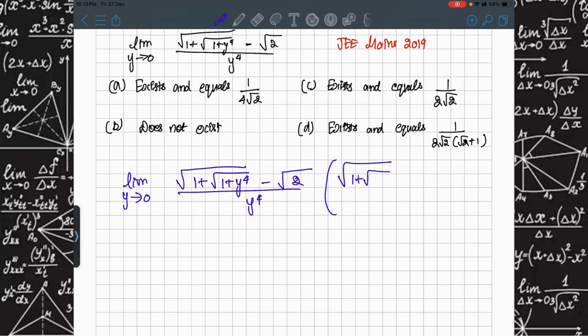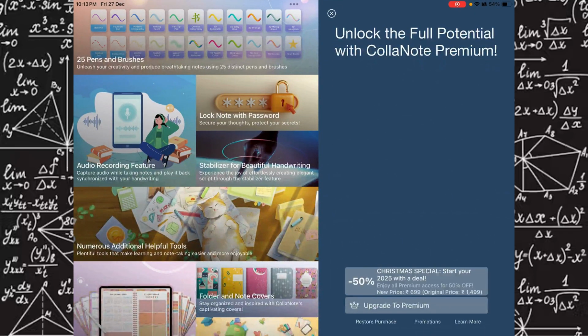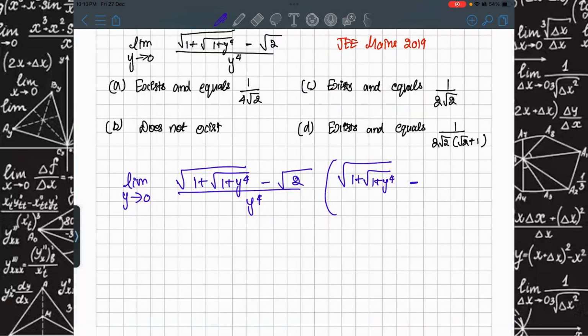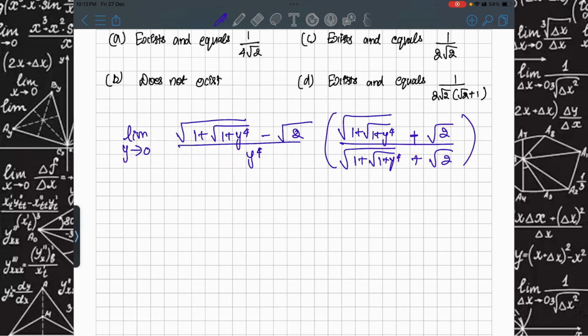Multiply by 1 plus root of 1 plus y power 4 plus, it should be plus actually because you have to conjugate it, right? Plus root 2, divided by 1 plus root of 1 plus y power 4 plus root 2. Now we have successfully finished the first step of rationalization.